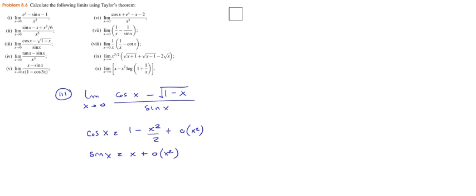Let me write this again. If we approximate this at 0, this is f at 0, which is 1, plus f prime at 0 times x, plus the second derivative at 0 times x squared divided by 2, and then small o of x squared. What is the derivative of this?